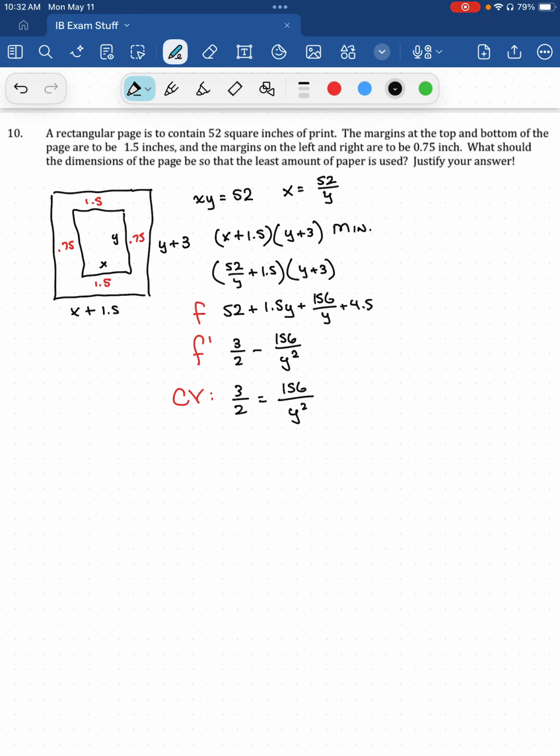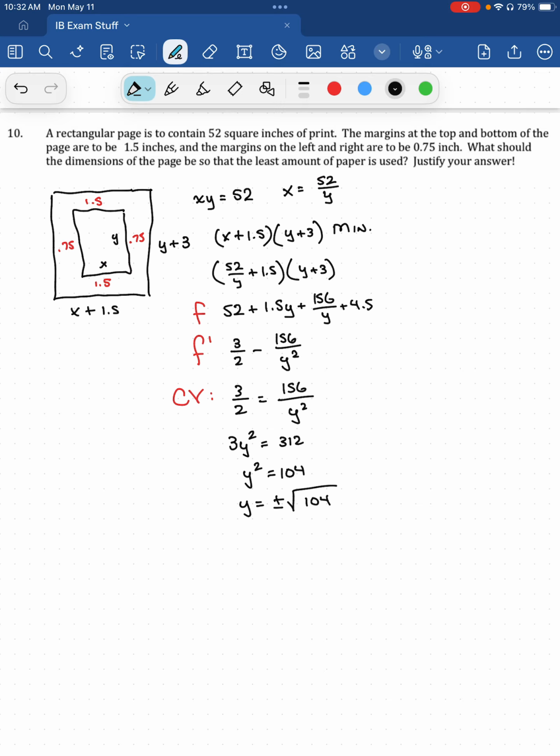So kind of cross multiplying that, 3y squared equals 312. So y squared equals 104. So y is equal to plus or minus the square root of 104.